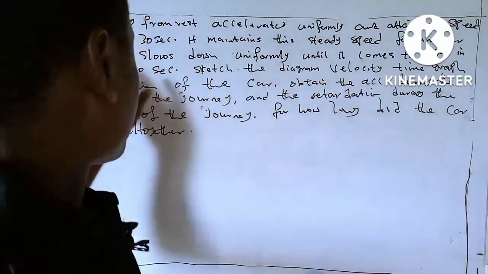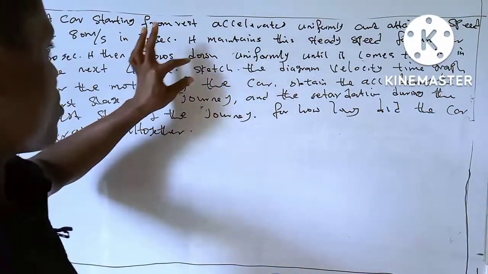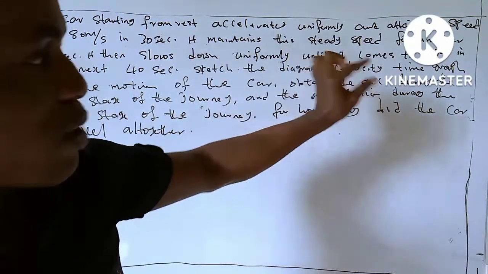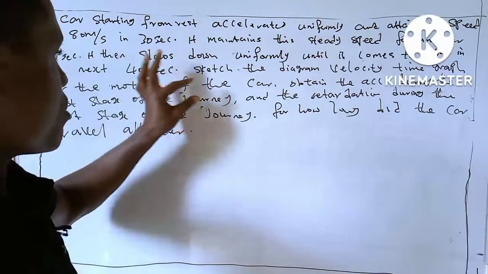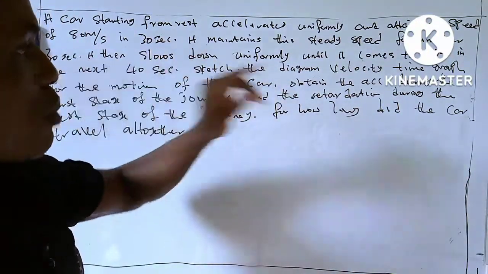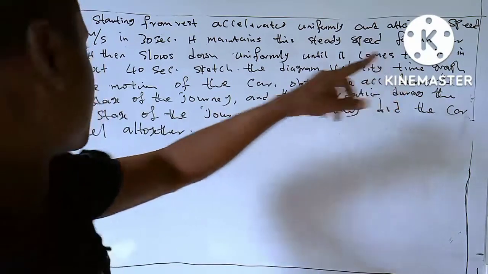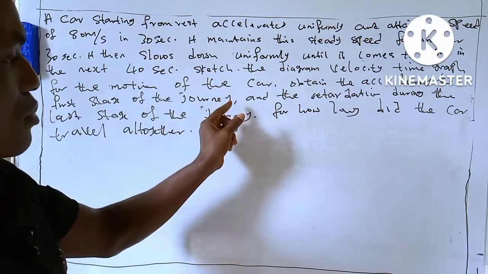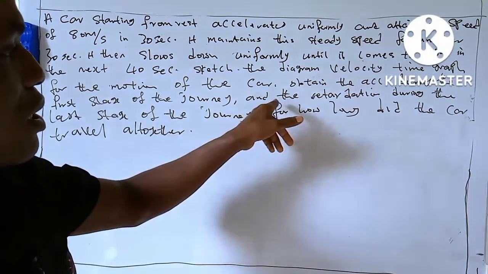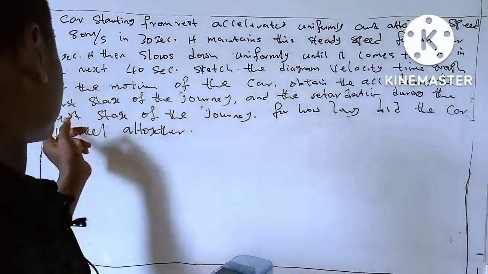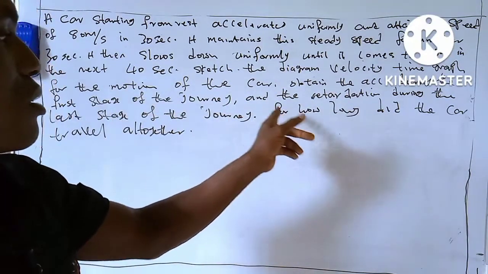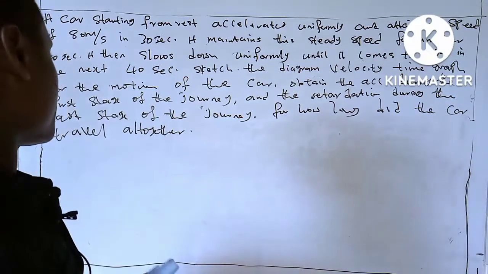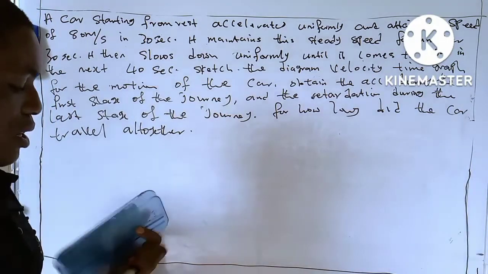Number two, obtain the acceleration during the first stage of the journey. Number three, the retardation during the last stage of the journey. Number four, for how long did the car travel altogether?